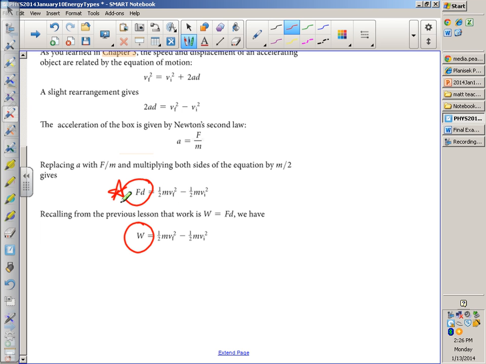And we can see here that that work influences this expression of 1/2 mv squared. This expression here that describes some aspect of an object. That work affects this quantity.